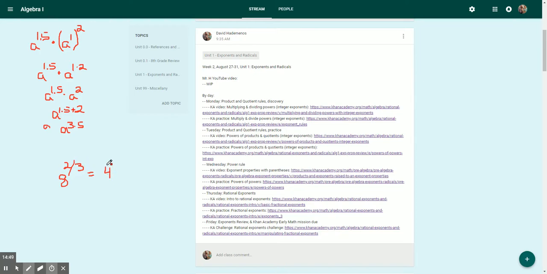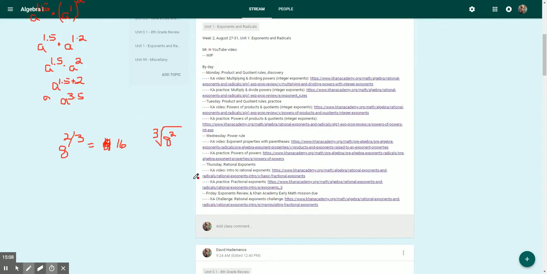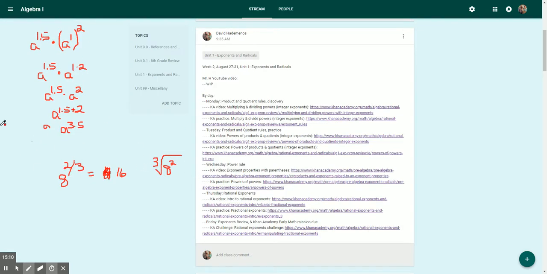So this would be 1/3, but 2/3 would be 16. We'll get into more of that, and with the radical, this would be 8 to the second power to the cube root. I'm just giving you a preview of that. We'll actually cover that in week 3.